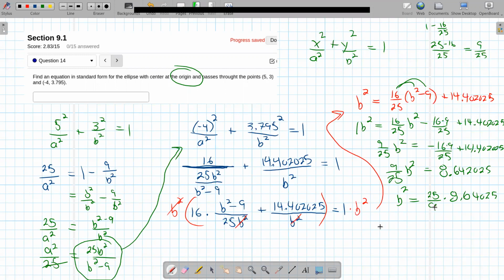We can just substitute that in for our B squared and then take the square root. And since we have those numbers saved in our calculator, we don't have to worry about rounding.